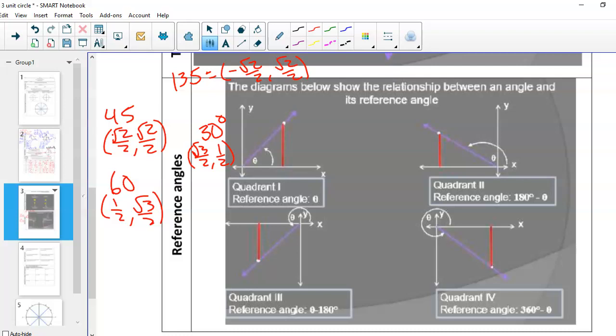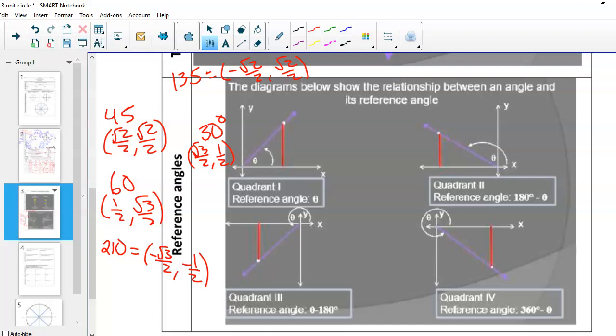Tangent. So that means both of these would be negative at 210. So really you're using these and you're using your signs to figure out, are they positive, are they negative? But we're always using these numbers.